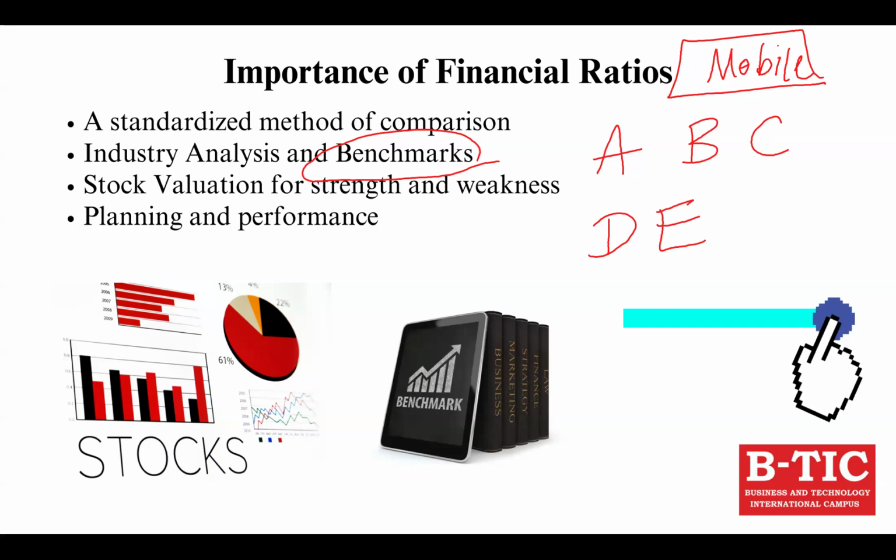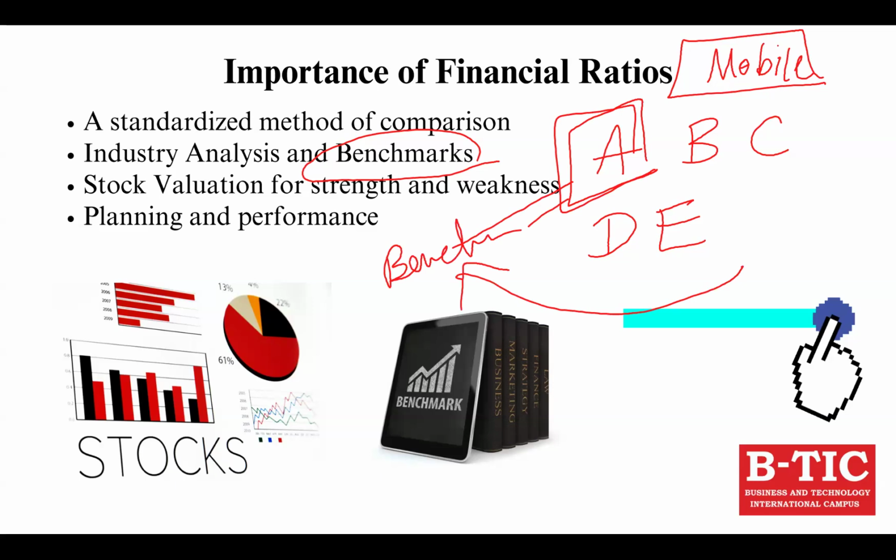And out of these 5 companies, imagine that A is performing well. They're outperforming the other companies in every aspect, right? They're amazing. So A will set a benchmark, right? B, C, D, E will consider A as their benchmark, and they'll try their best to reach their position.